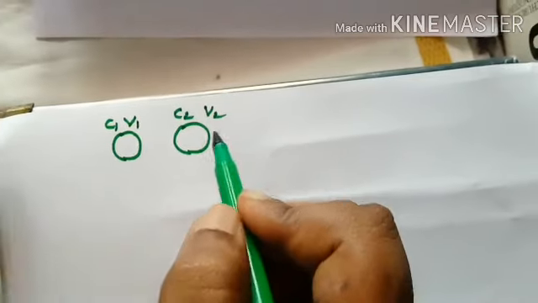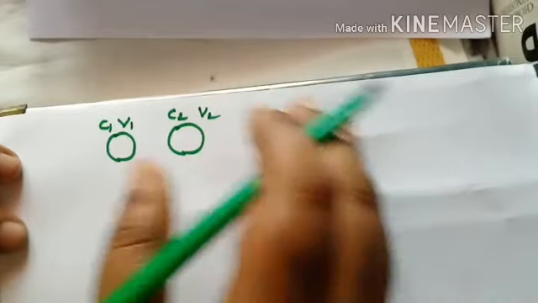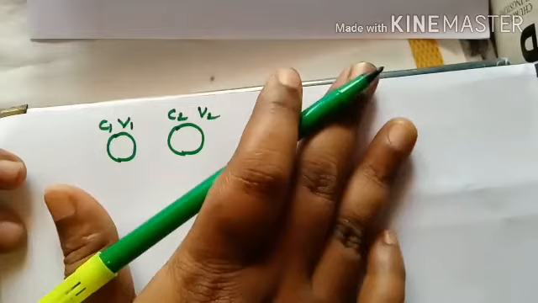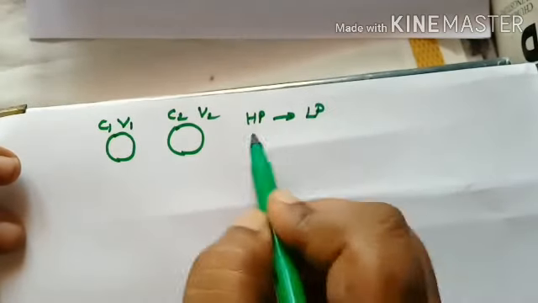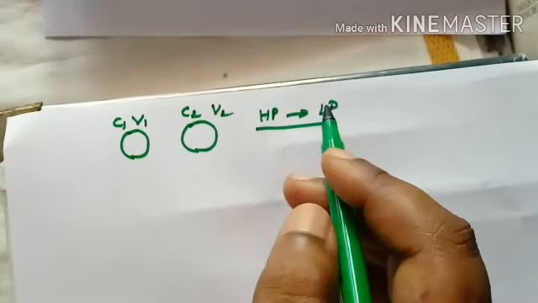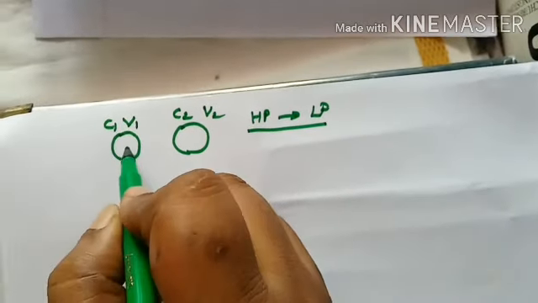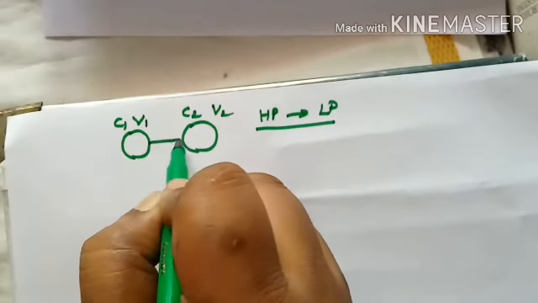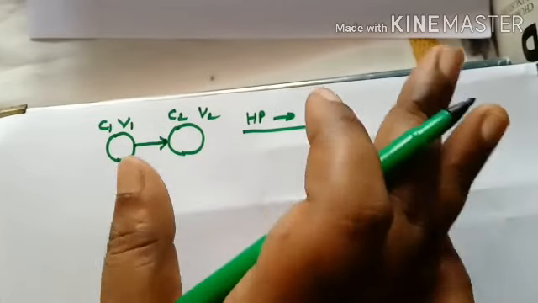Independent of the charge amount, independent of the size, charges always flow from higher potential to lower potential. This you have to understand. Suppose sphere 1 has higher potential, which means the charge will always flow from here to here. Till when will this flow of charge occur?